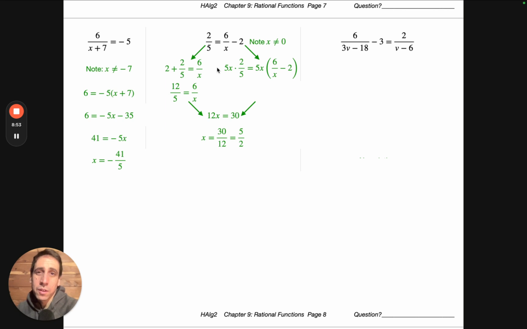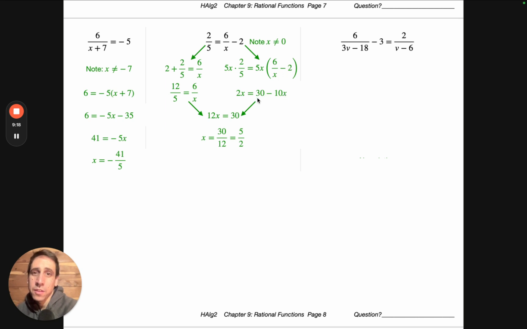So what do we get when we multiply both sides of the equation by 5x, the least common denominator? Over here, the 5's cancel out, and we just have 2x. Here, let's distribute. 5x times 6 over x is going to be 5 times 6 is 30, and the x's cancel, so it's just 30 here. And then distribute 5x minus 2 to get minus 10x.